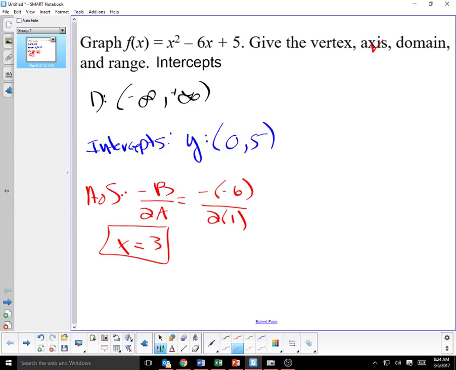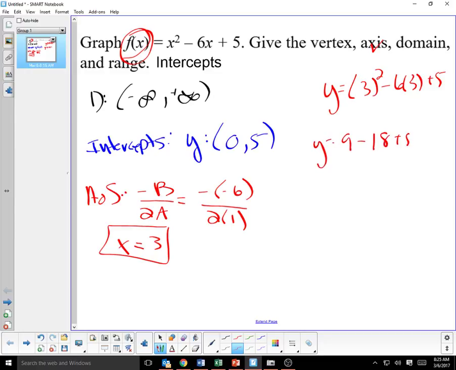Plug in the 3, because this generates y's, doesn't it? That is a y generator. So if I plug in the 3, it's going to tell me what the value of y is when x is 3. And it has to be 3 because the vertex is on the axis of symmetry. Therefore, I've got 9 minus 18 plus 5.